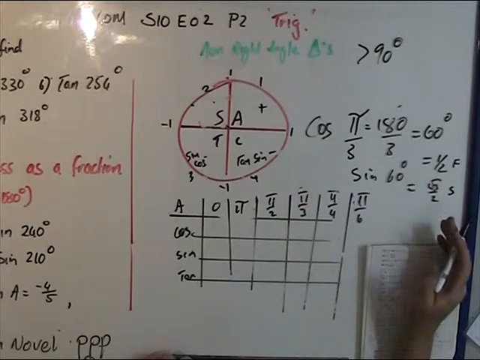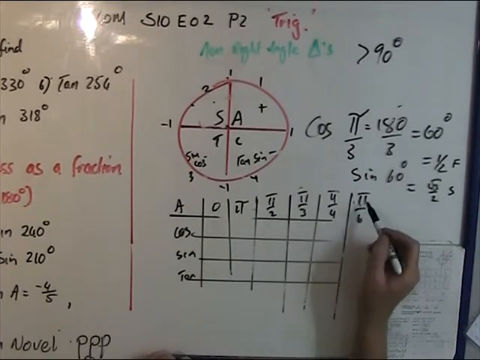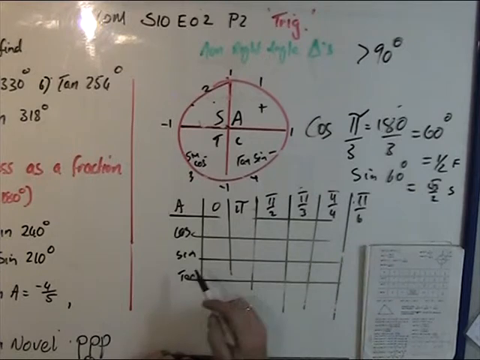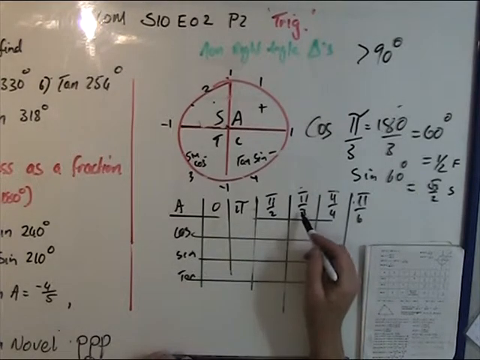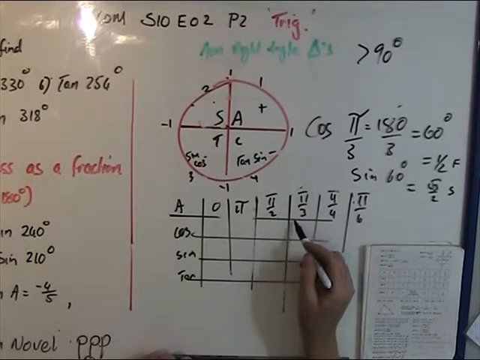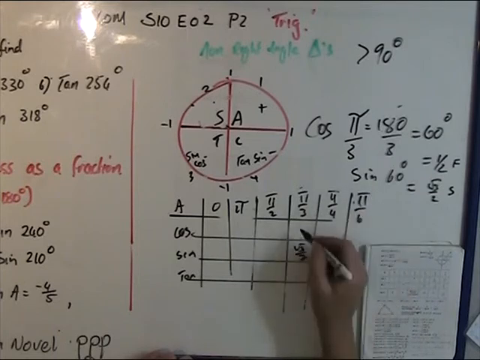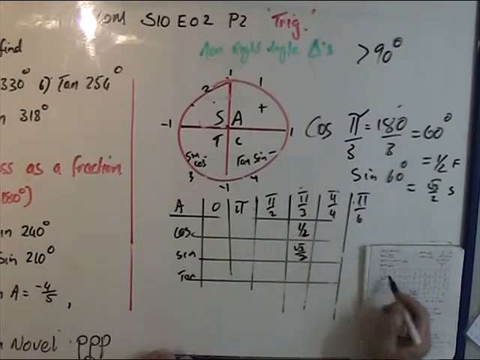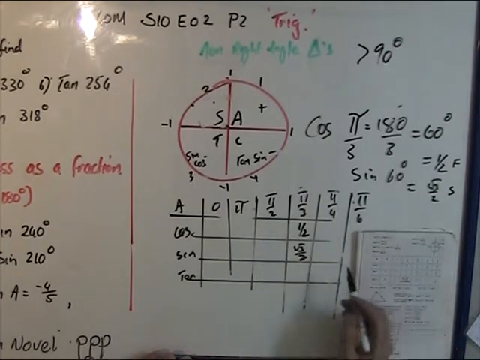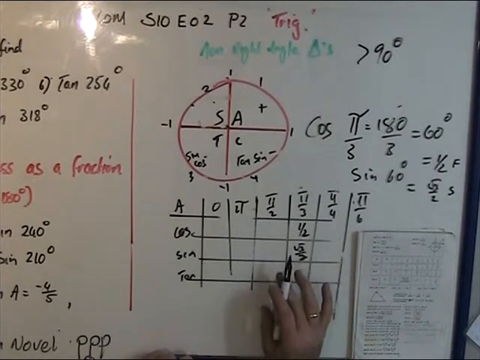They're giving you a result in fractional form, and you have to remember that pi is 180 degrees. So sine of pi over 3, which we've just done, is root 3 over 2, and cos of pi over 3 is equal to a half. They give you these results in table format.